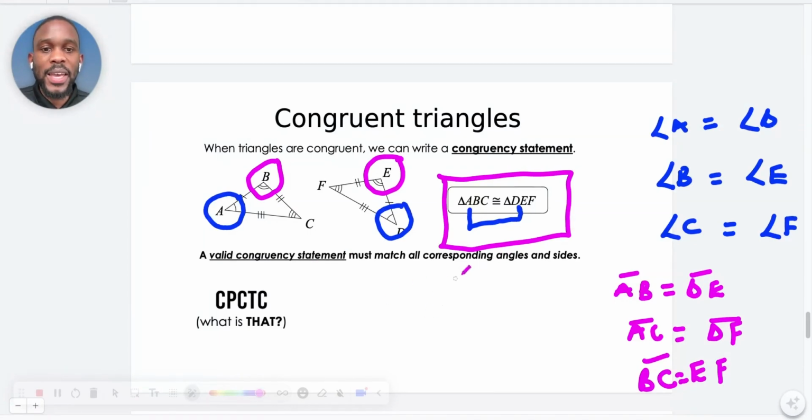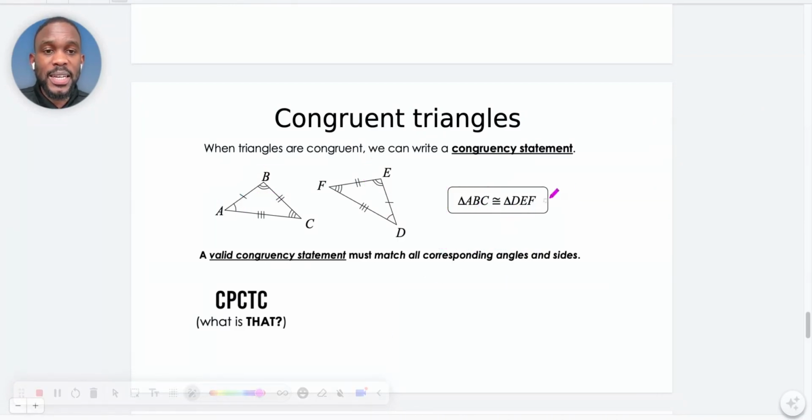Another thing is, if you give me a congruency statement like this, I can write this congruency statement in so many forms. I can start with triangle. Always start with a triangle if you're talking about triangles. And they are congruent, right? If I want to start with B, I can say triangle B, and on this side I'll start with E. Second. So first, third, BAC, and here I'll go first, third, DF.